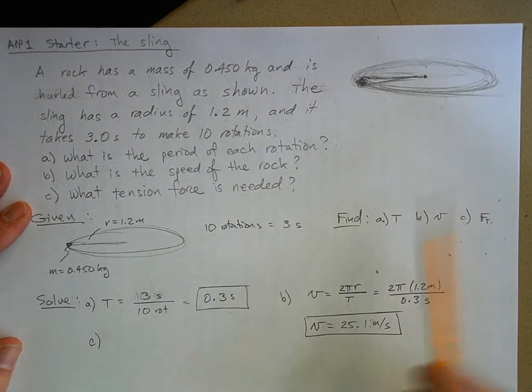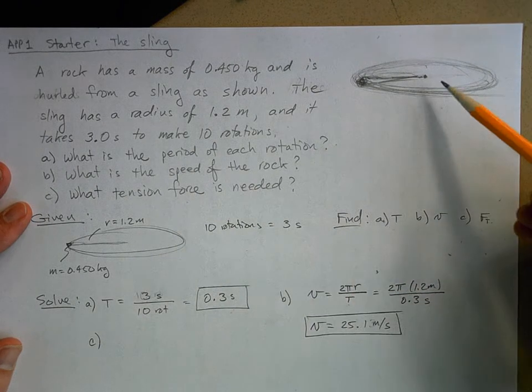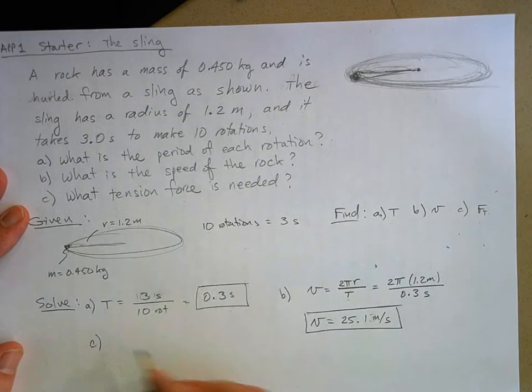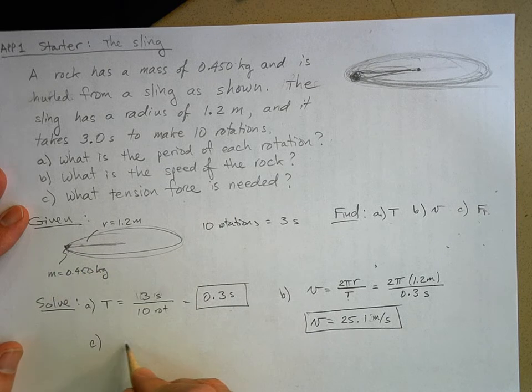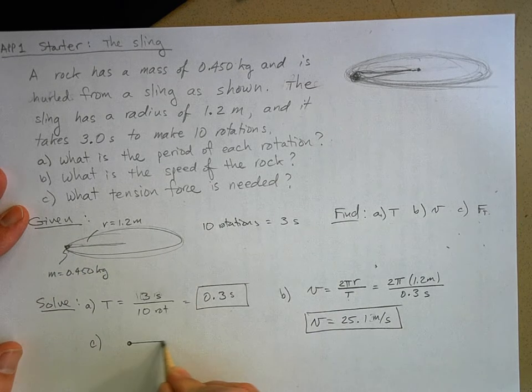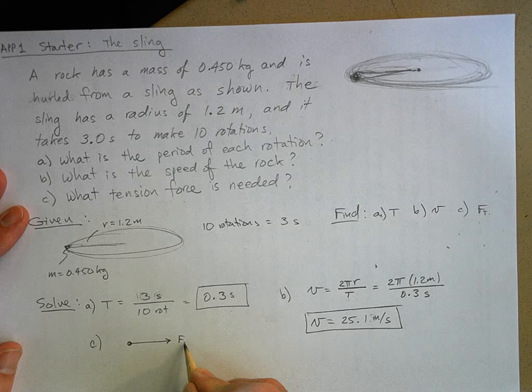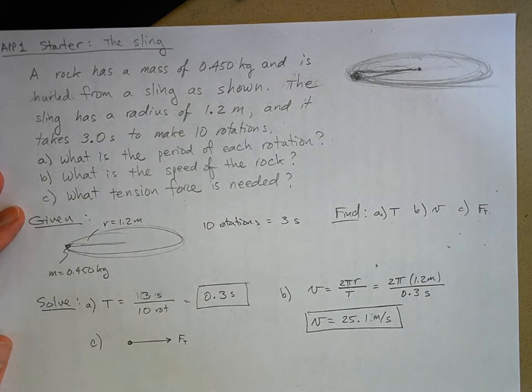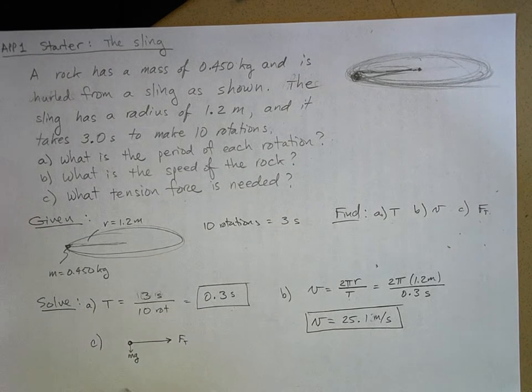Well, what is the tension force? Well, now let's draw a free body diagram of this rock. We've got the tension force like this. Now, in reality, it's also got a little bit of weight, mg, and that's going to bring it down a little bit.